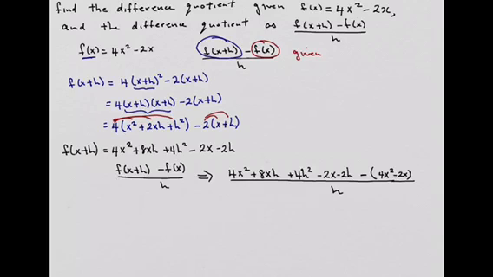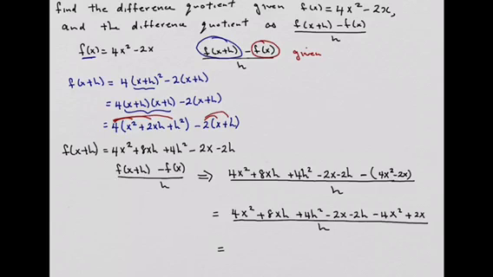If we simplify this, we have 4x squared plus 8xh plus 4h squared minus 2x minus 2h minus 4x squared plus 2x, all of this over h. You will notice that a lot of this will cancel out.